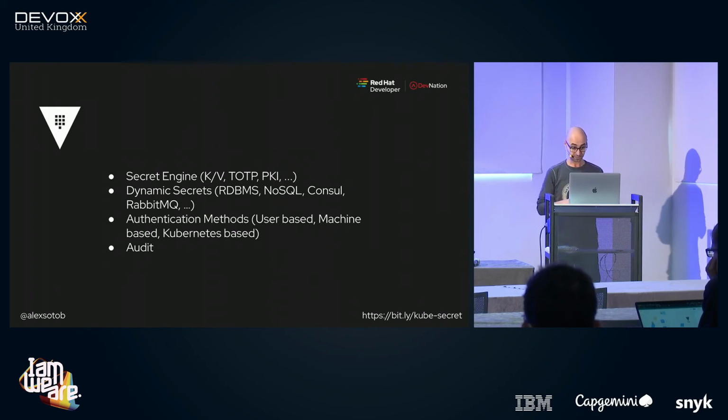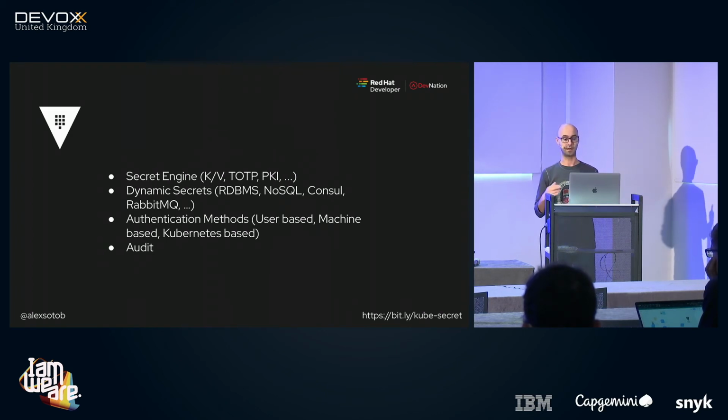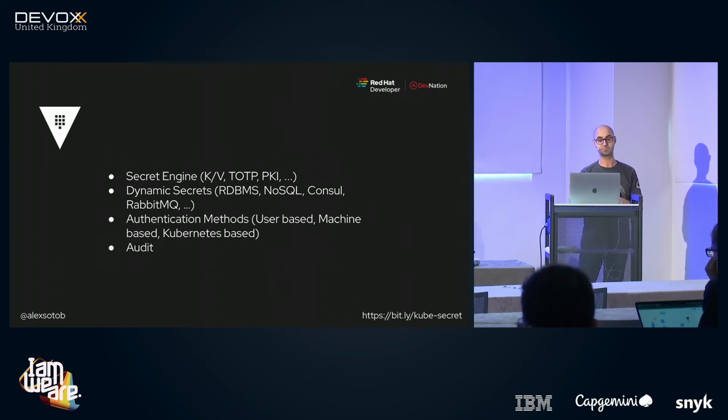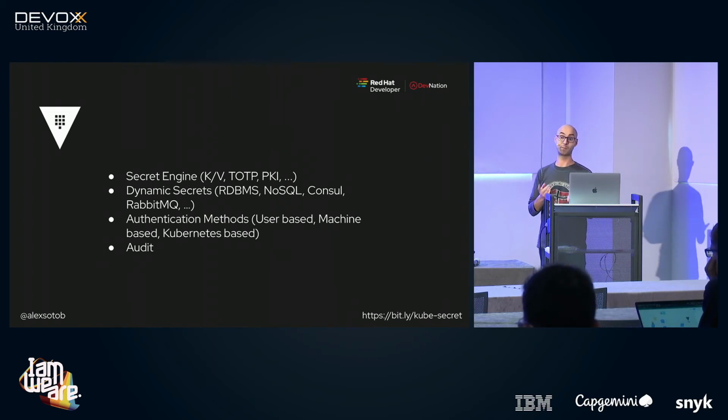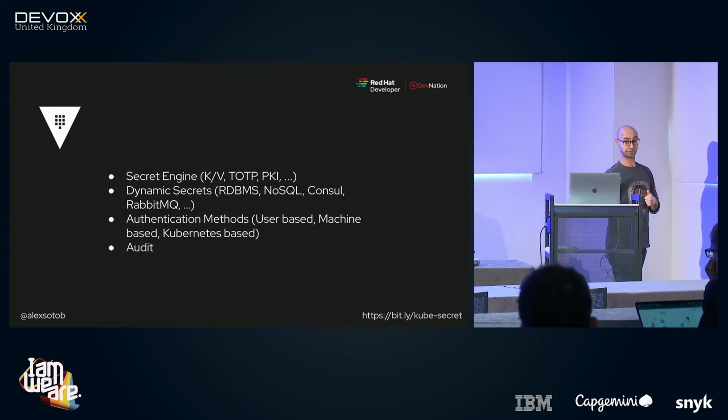And Vault has a lot of different methods. One is user-based methods. User-based methods are username and password, tokens, for example. Most of you might say, oh, I like user-based because it's login and password, and then I connect to Vault, and I get the database password, automatically generated.